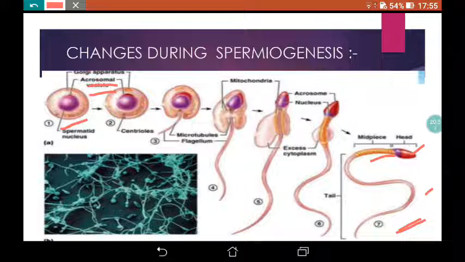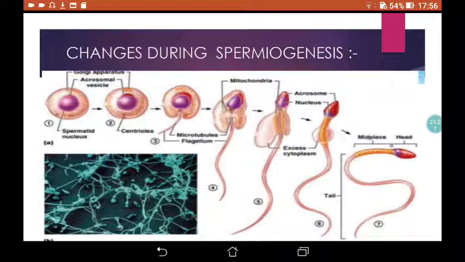And then the centrioles are also present over here, present in a pair, and they help in the formation of the axial filament, and because of that, finally the tail is formed. Okay, in the middle piece, a concentration of mitochondria is found. These mitochondria help in providing energy so that the sperm can show motility.